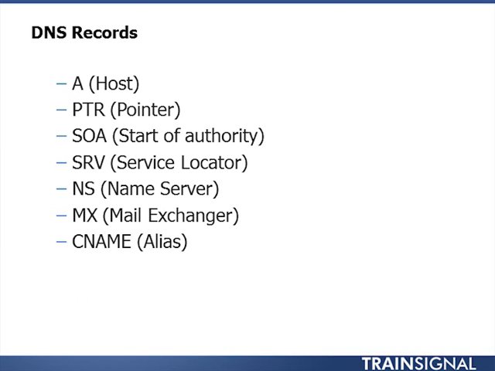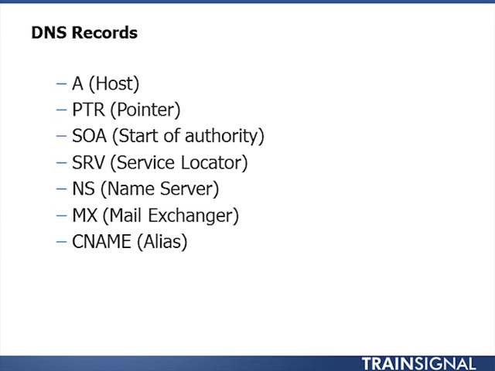Now I mentioned to you earlier that there are a number of different types of records in the DNS database. In other words, we have more than just our very basic, stupid human named IP address records. Those records, the stupid human ones, are right at the top of the list that I have here. Those are what's known as A records, or sometimes host records.